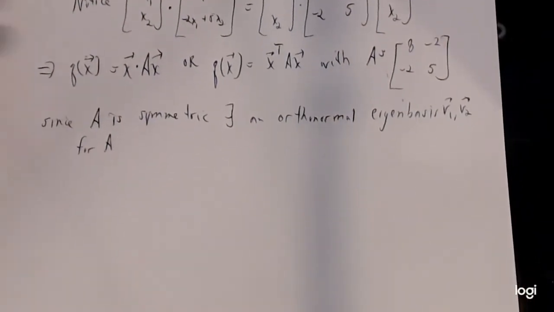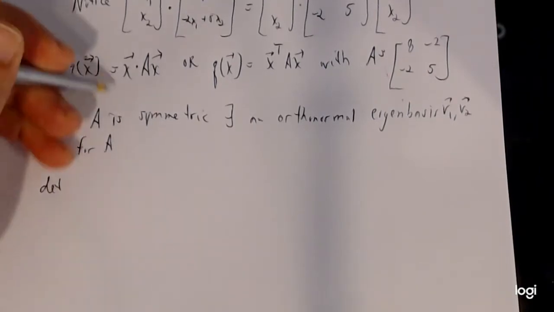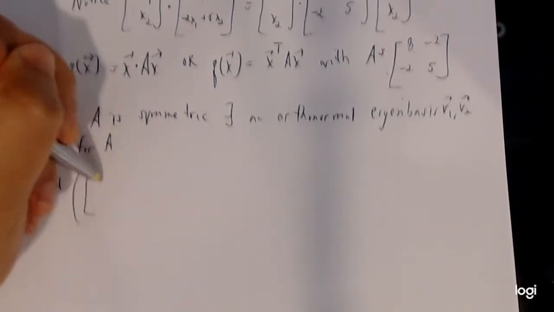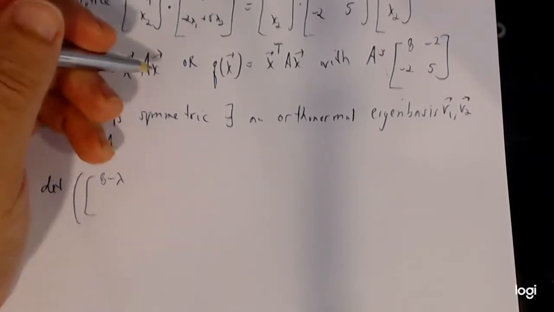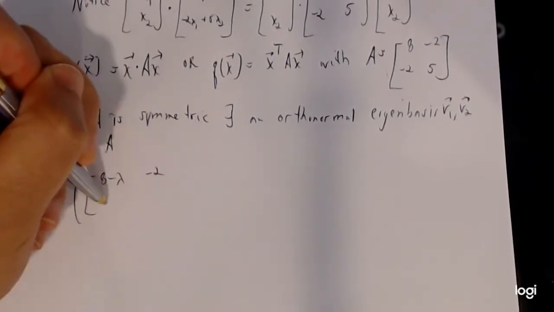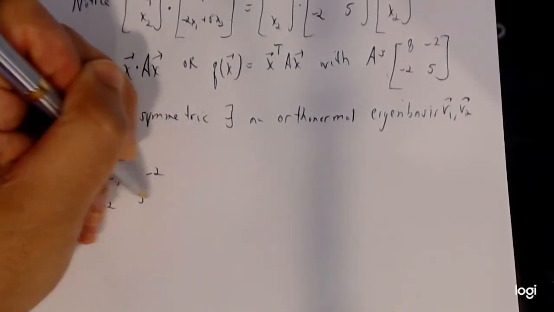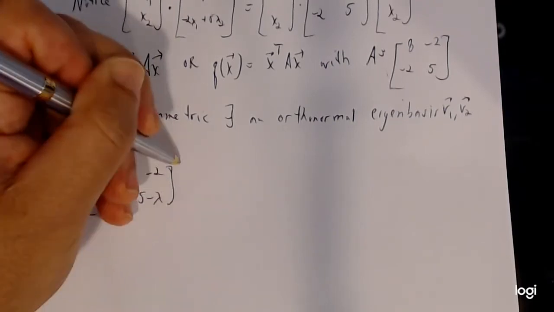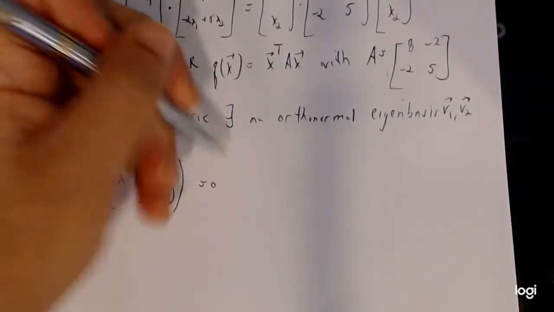Let's find our eigenbasis, and that's just literally finding our eigenvalues. So this stuff should be review for you. It'll be the determinant of 8 minus lambda, negative 2, negative 2, 5 minus lambda. This is my characteristic polynomial, which equals 0.